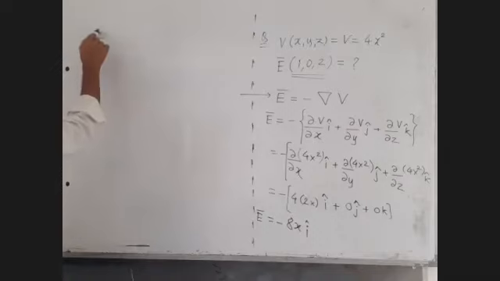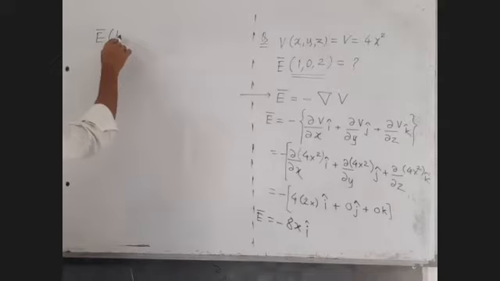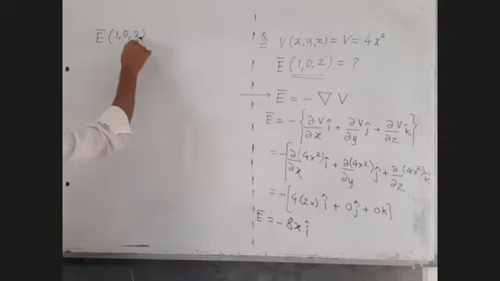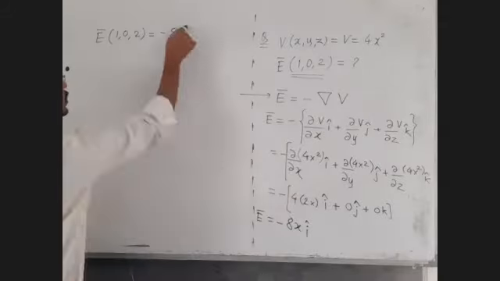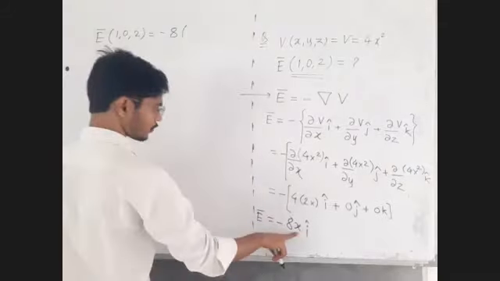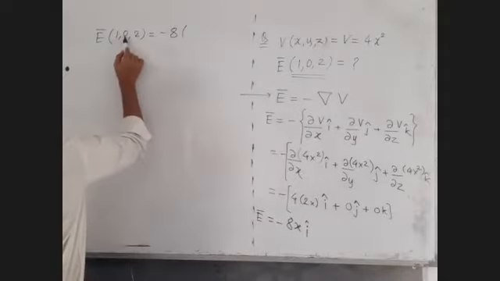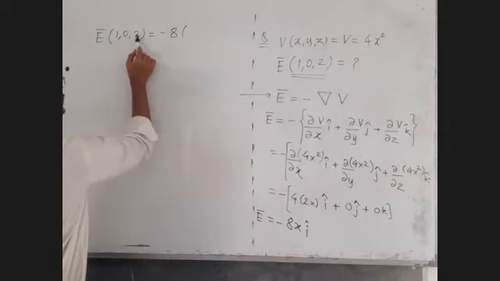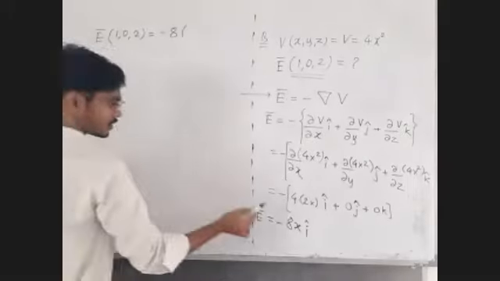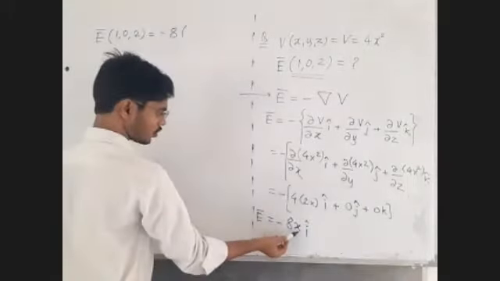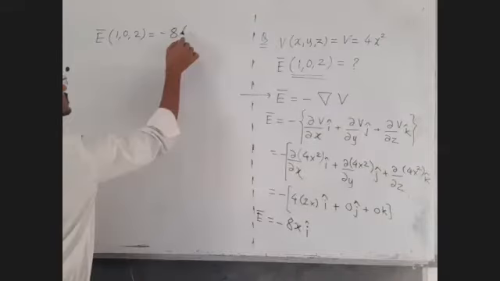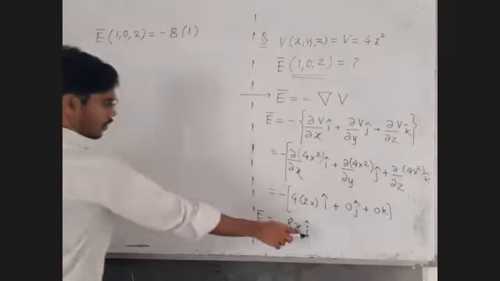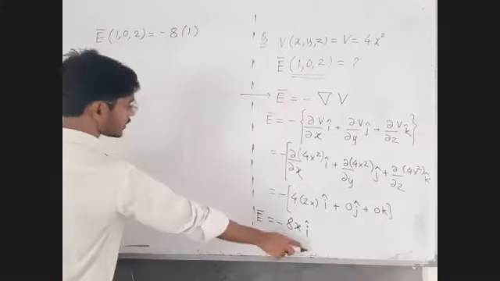So the electric field at point 1 comma 0 comma 2 is equal to the electric field at any general point, replacing the value of x as 1, y as 0 and z as 2.